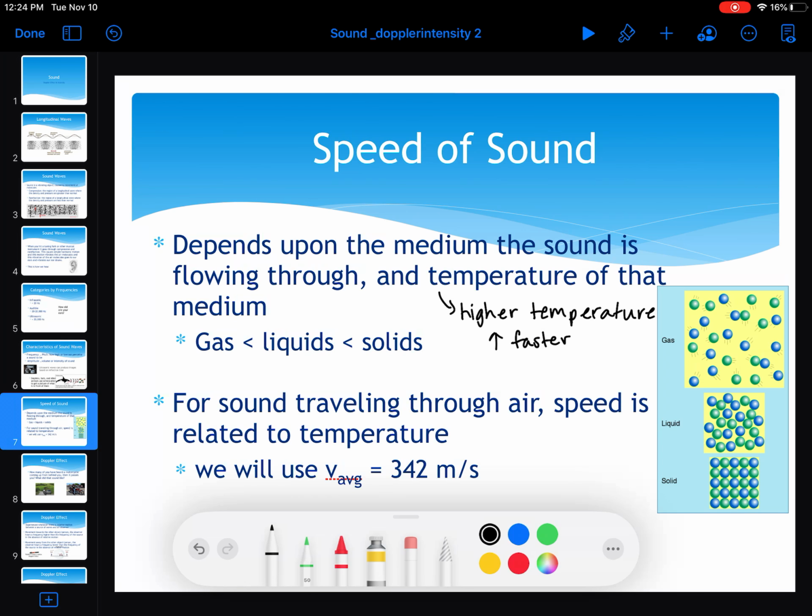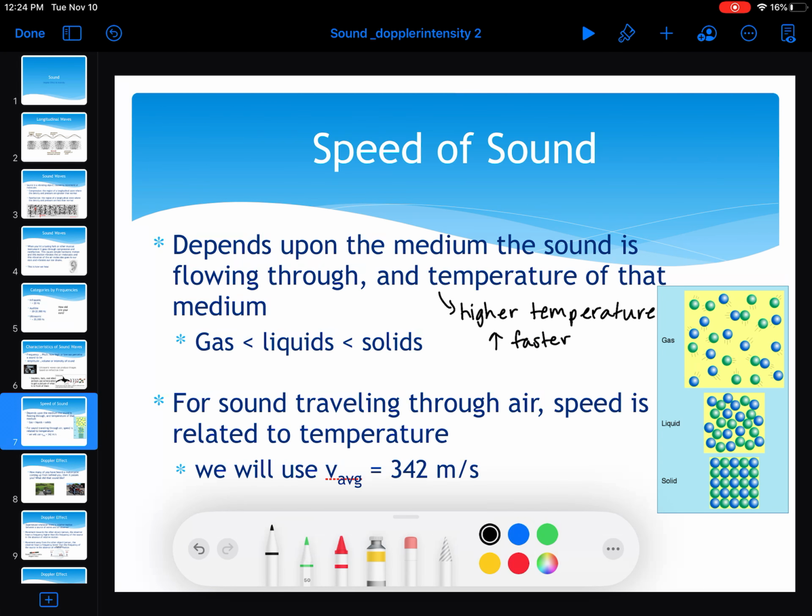So although, yes, the spacing is still going to affect the speed at which it travels in general, if we are saying within a solid, we have a solid at 32 degrees Fahrenheit, and then we increase that same solid and change the temperature to 50 degrees Fahrenheit. Well, in comparison, at 50 degrees Fahrenheit, my molecules have more energy. They are going to be moving faster.